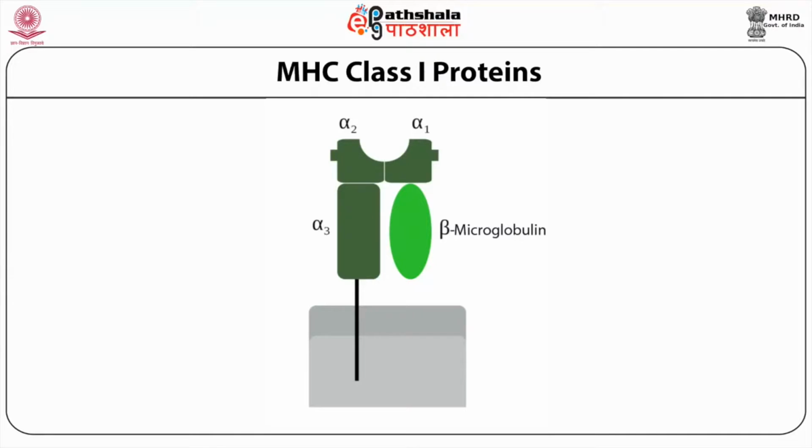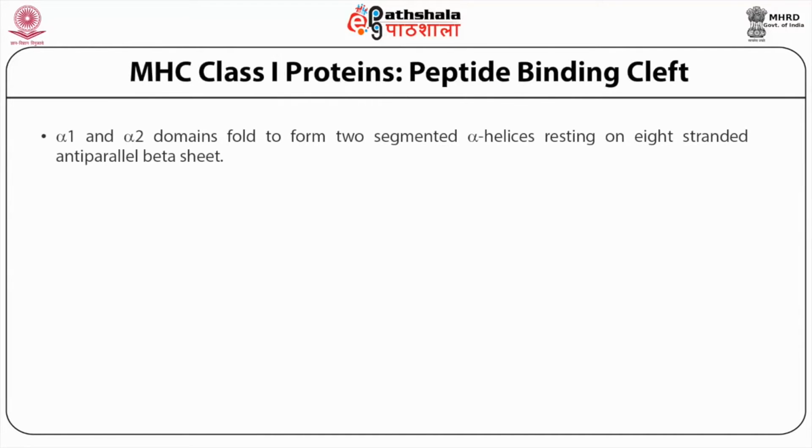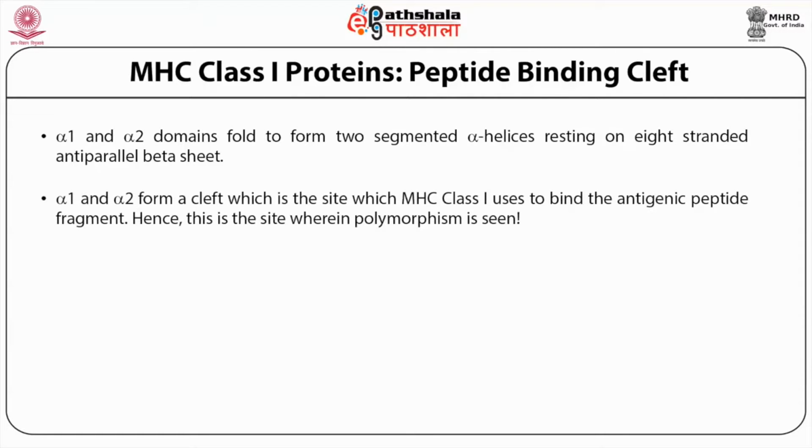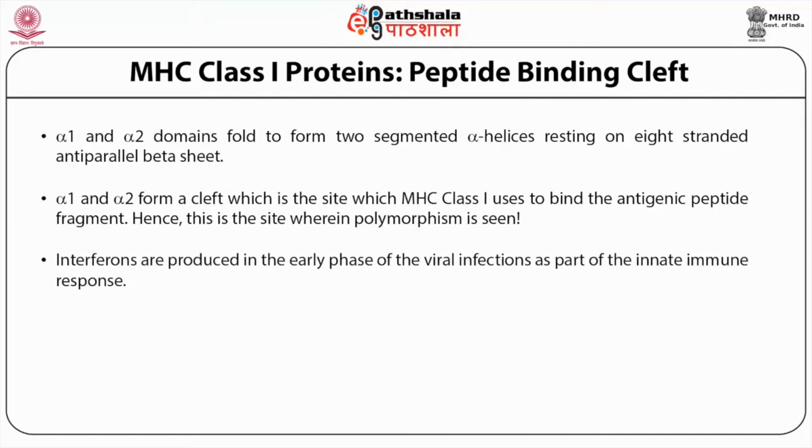Alpha 1 and alpha 2 domains fold to form two segmented alpha helices resting on an 8-stranded antiparallel beta sheet. Alpha 1 and alpha 2 domains form a cleft, the site which MHC class I uses to bind the antigenic peptide fragment. Hence, this is the site wherein polymorphism is seen. Interferons are produced in the early phase of viral infections as part of the innate immune response.